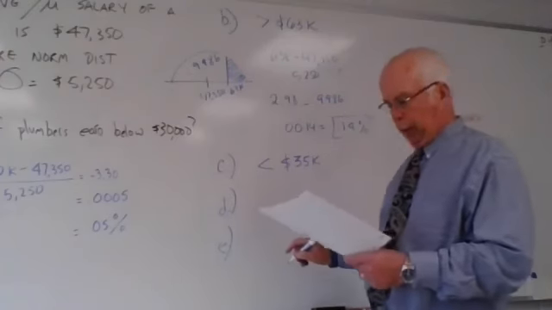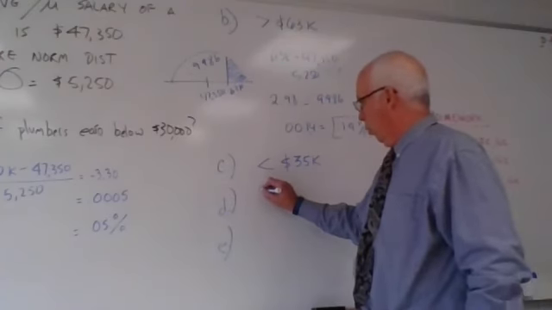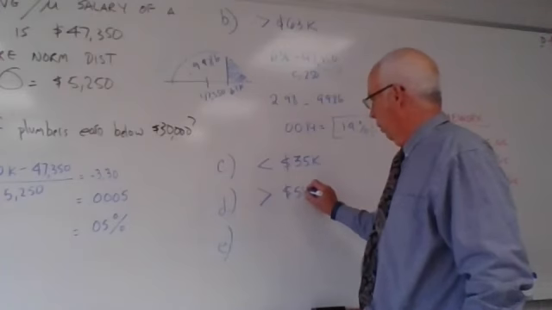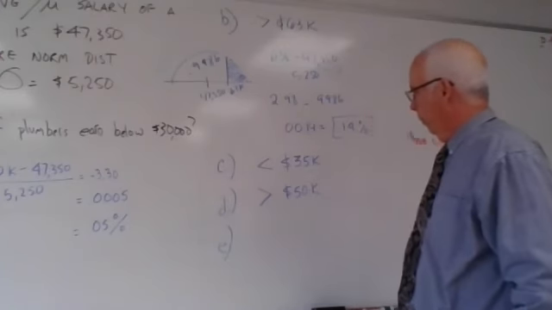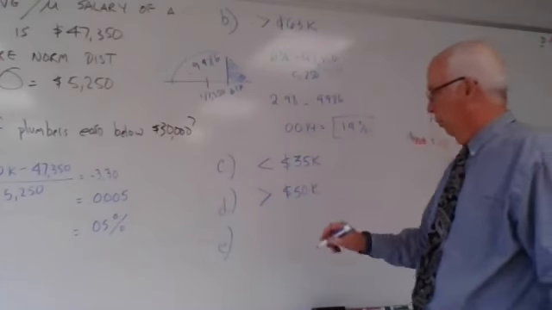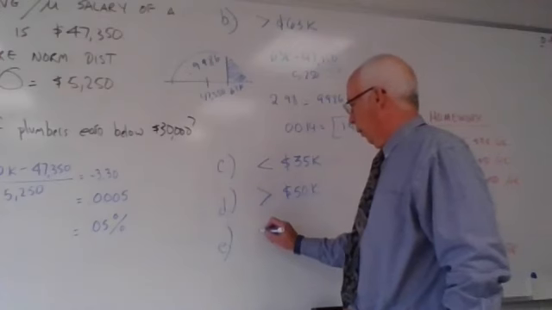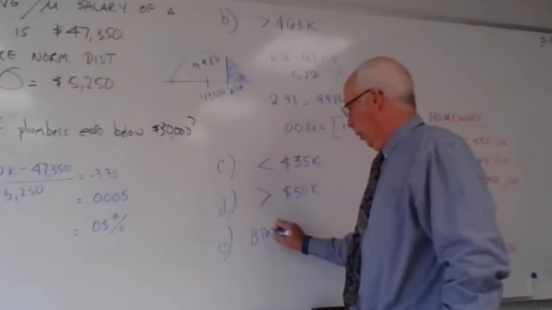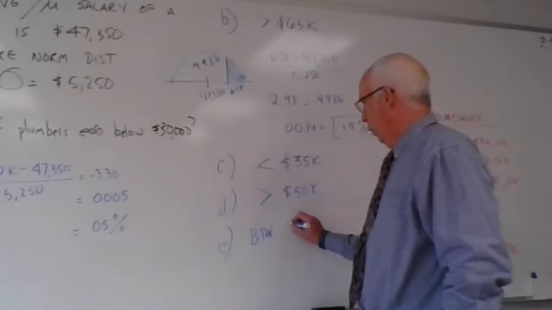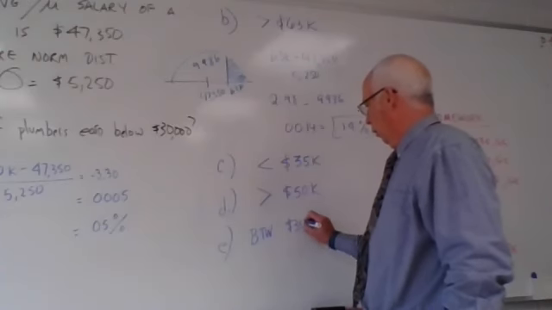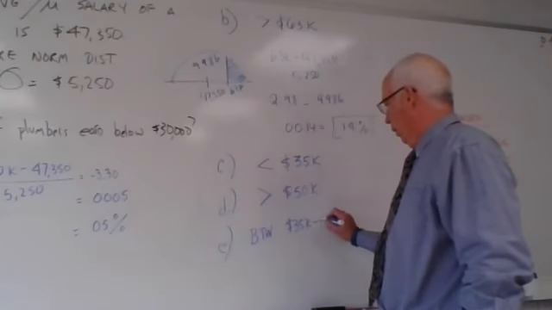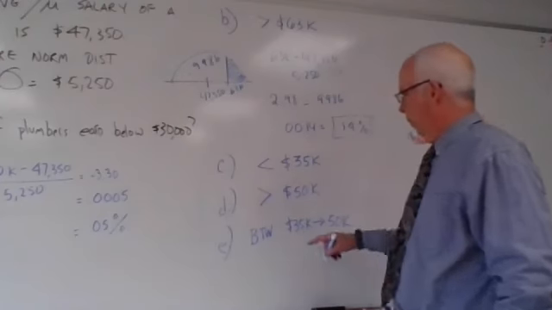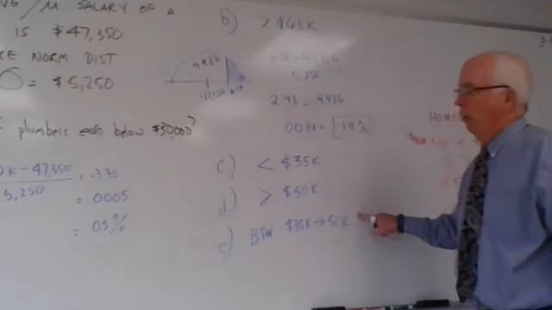That's what the K stands for, right? For C, we're going to do greater than 50K for D. And just like the problem over there, for E, we're going to calculate what's the probability of earning a salary between those two. So between 35K to 50K.